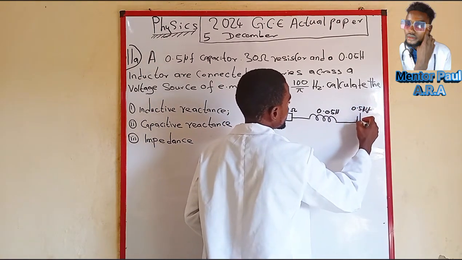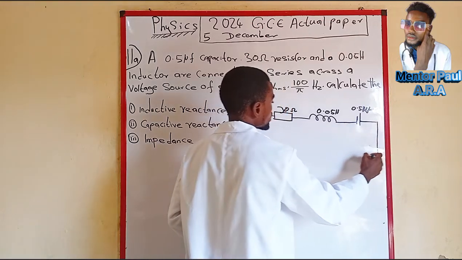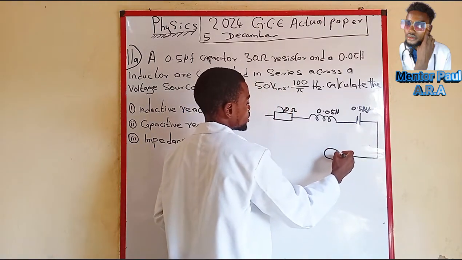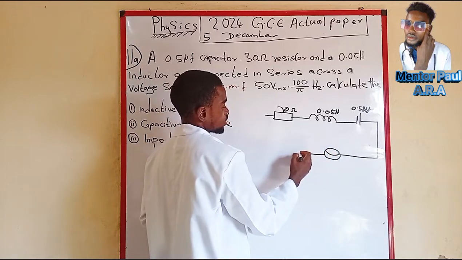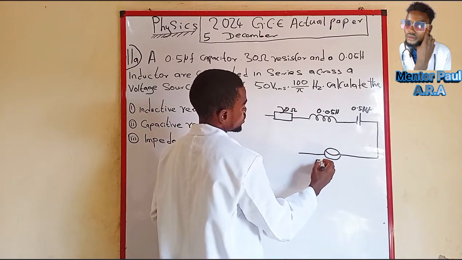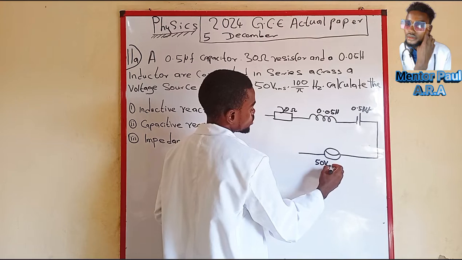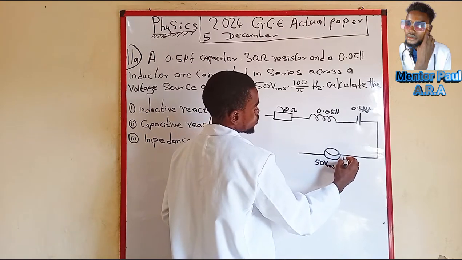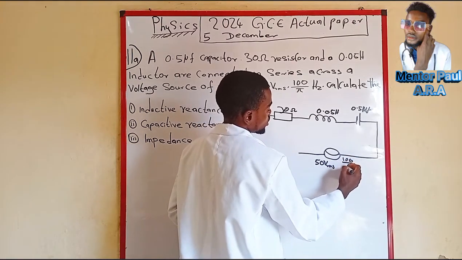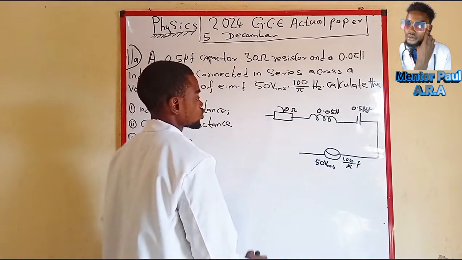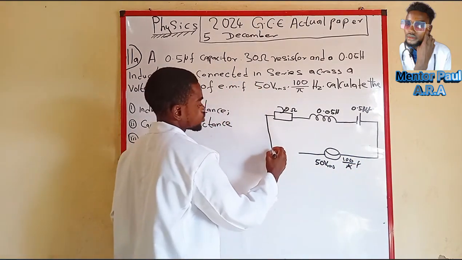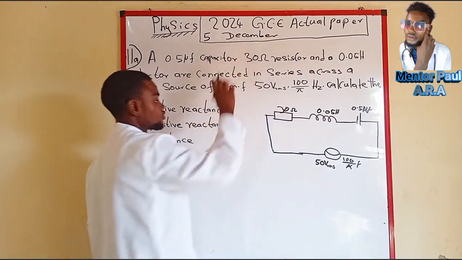It is connected across a voltage of 50 volts root mean square, with a frequency of 100 over pi. So this is the sketch, the representation of this.